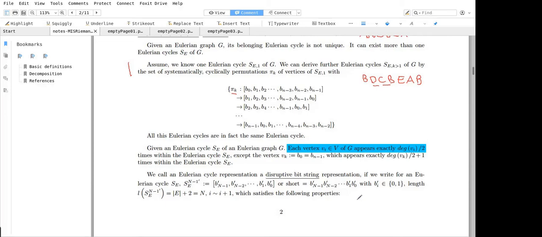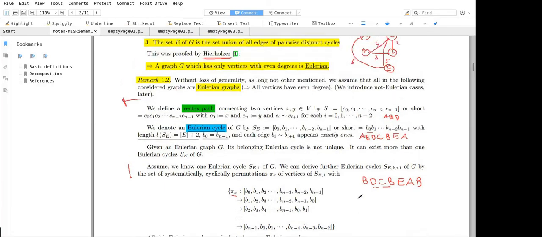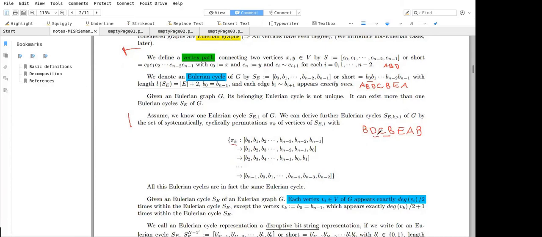We write down again this complete sequence B, D, C, B, E, A, B, but we also make a kind of 0-1 representation for certain parts or certain subgraphs of the given graph G. This here is the whole graph G. And now assume we want to take a subset of vertices.